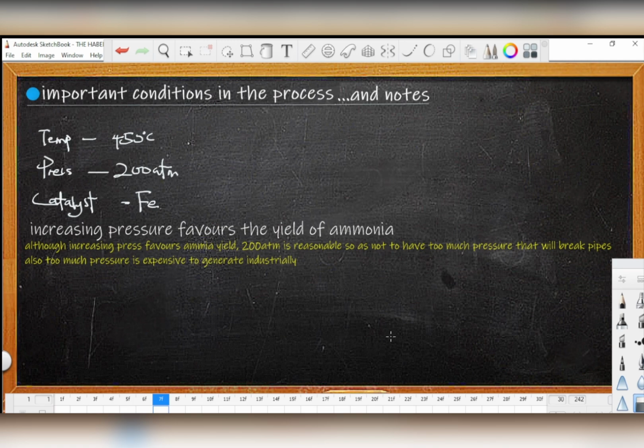Let's not forget, I am actually basing all of this on Le Chatelier's principle.